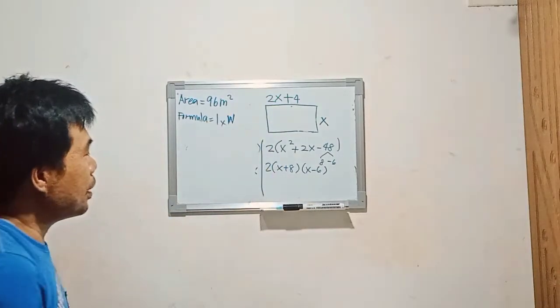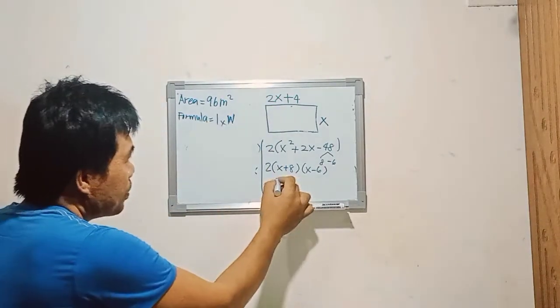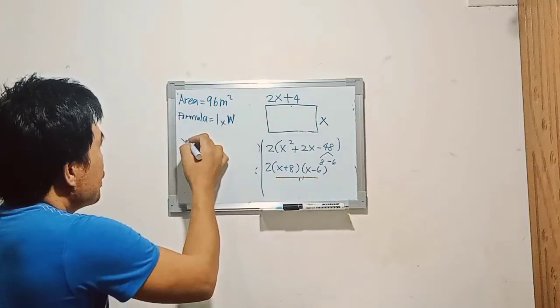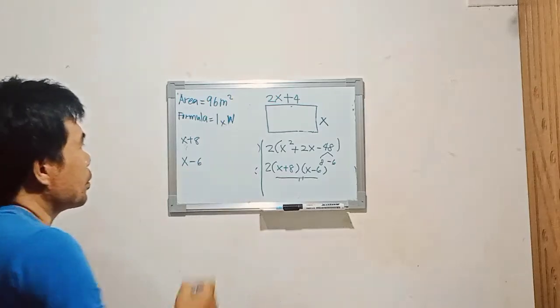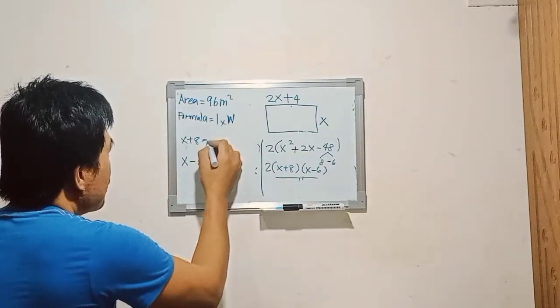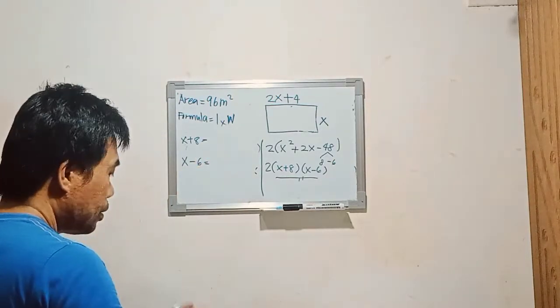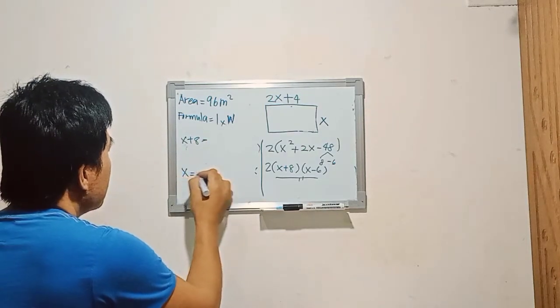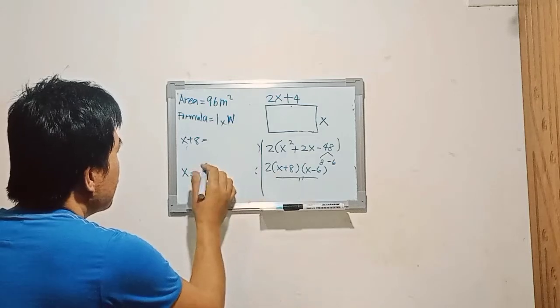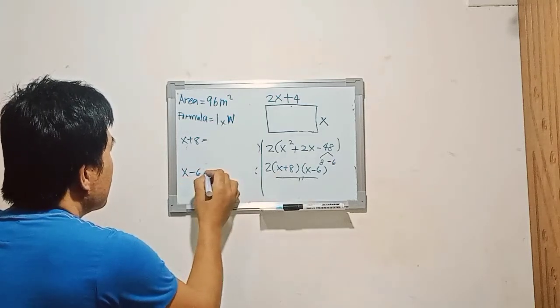Next step, we will do the zero property. So just focus here. x plus 8 and x minus 6 equals 0.